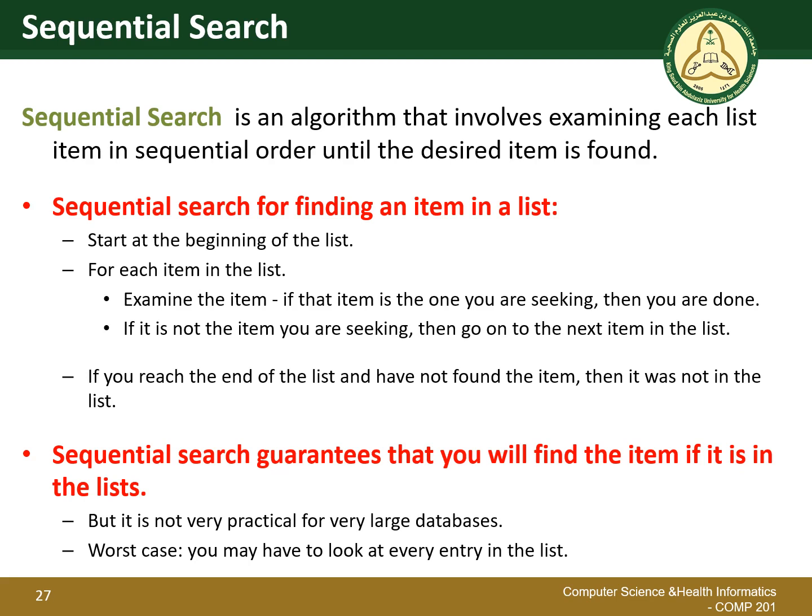If you reach the end of the list and haven't found the item, then the item wasn't there. As we can see, it is a very simple algorithm and guarantees that you will find the item if it is there, but it is not practical, especially in large databases. In the worst case scenario, you may search the entire list, because the item is either at the end of the list or it is not there.